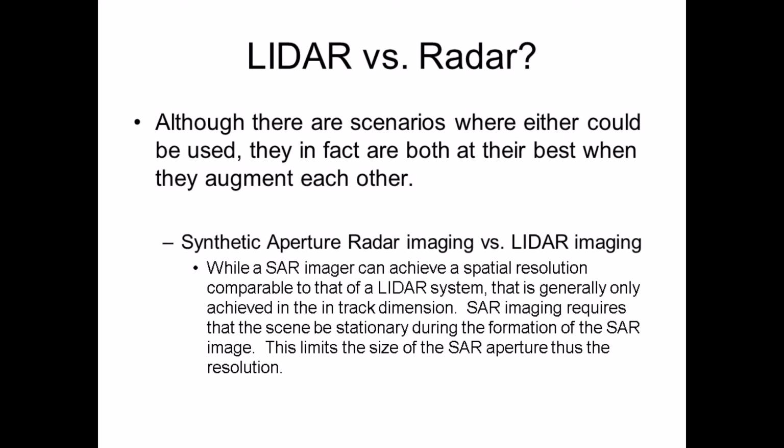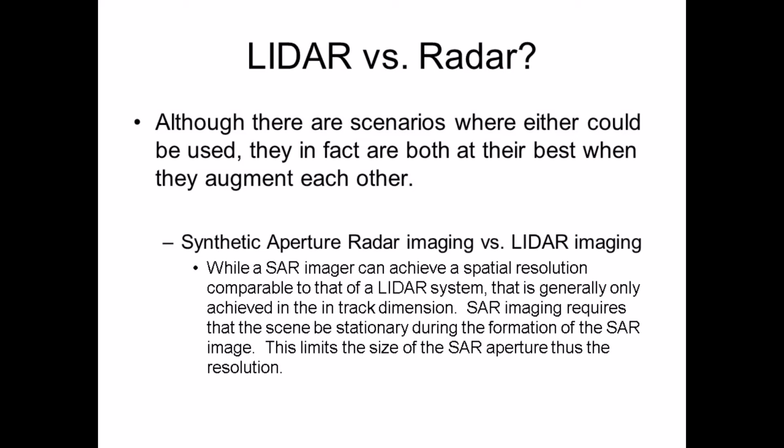So while a synthetic aperture radar imager can achieve spatial resolution comparable to that of a laser radar system, this is generally only achieved in the in-track dimension, meaning in the dimension that the aircraft that's generating the synthetic aperture is moving. And synthetic aperture radar imaging techniques require that the scene be stationary during the formation of a SAR image.